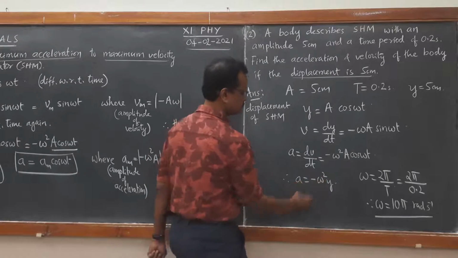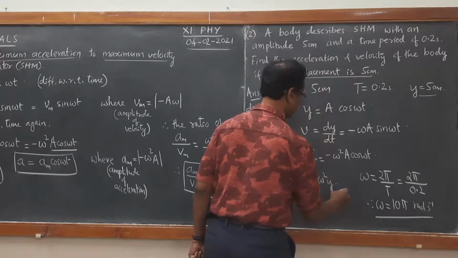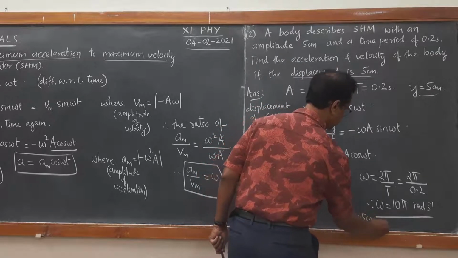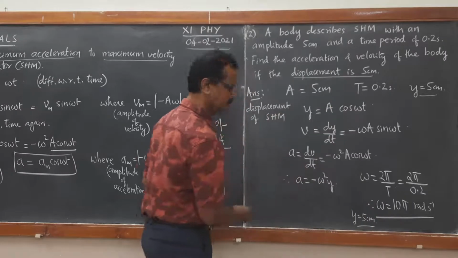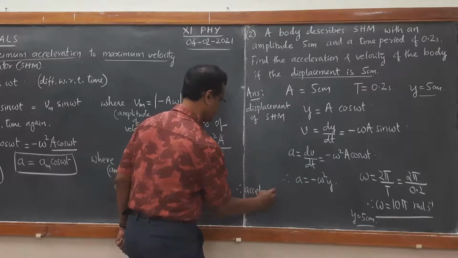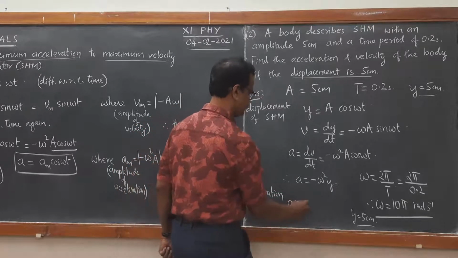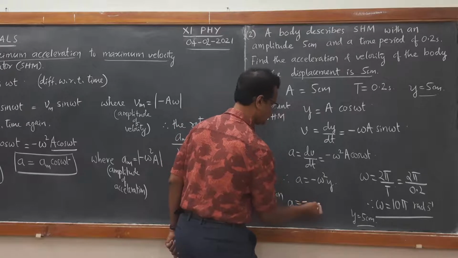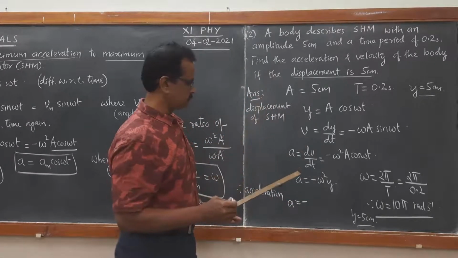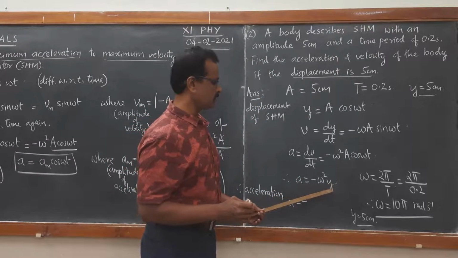Now substitute this, and y is also given. y is 5 centimeter. So substituting these values, I can get acceleration. Therefore, acceleration of SHM, a is equal to minus, you can just neglect minus, the minus is just a variation of acceleration with respect to the displacement.